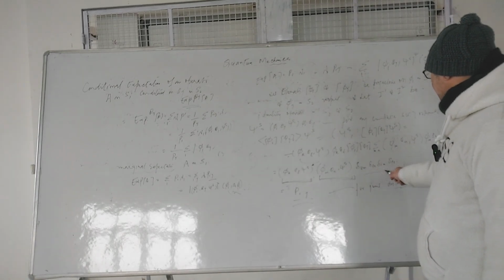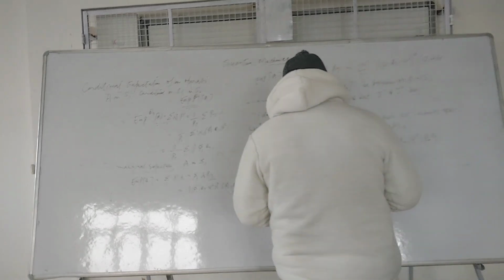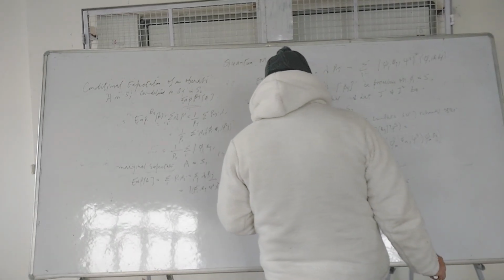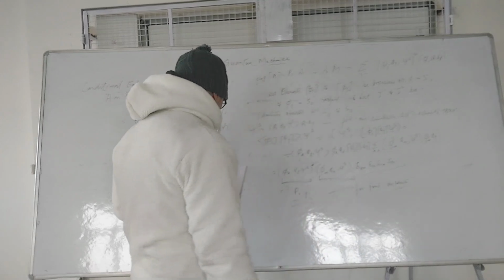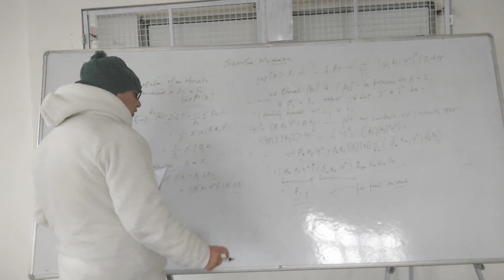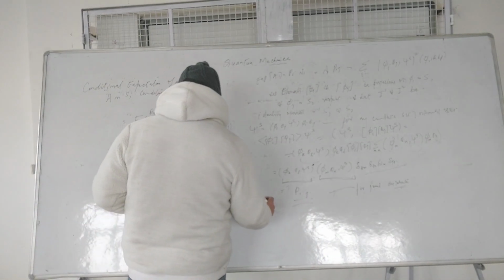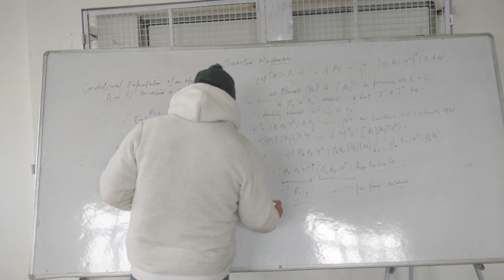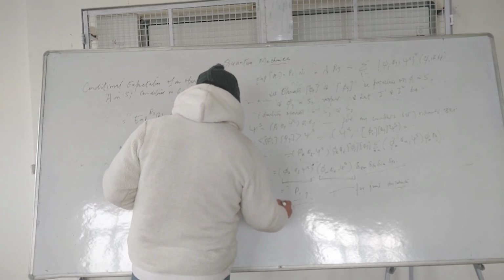So you can have this joint distribution, phi of I, phi of G, psi of S.